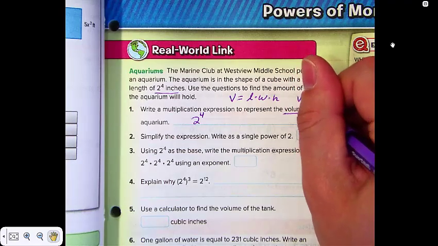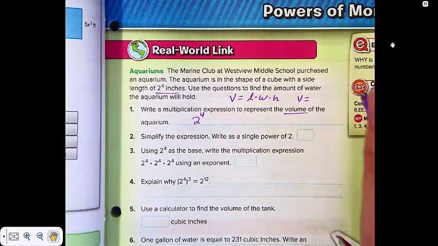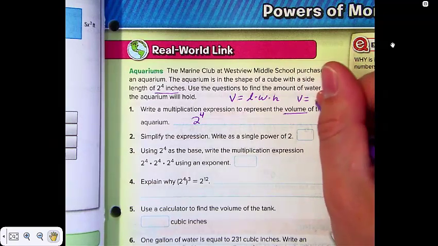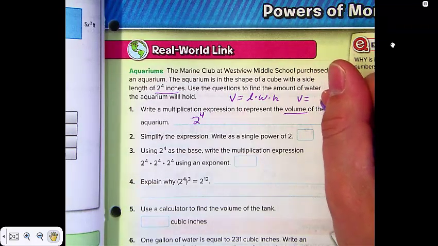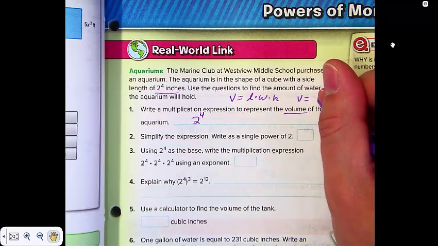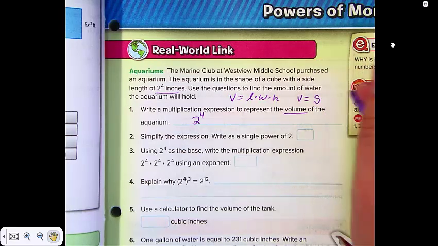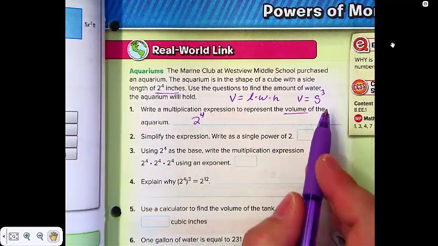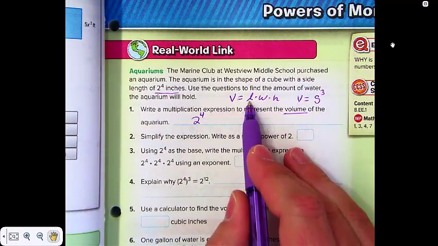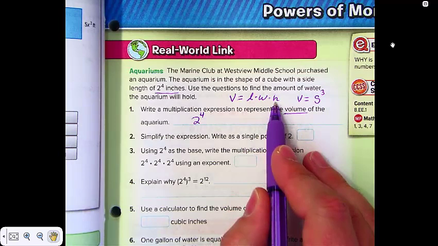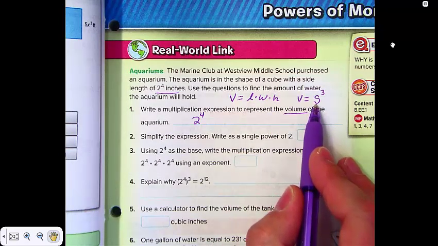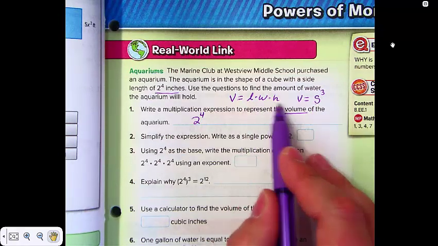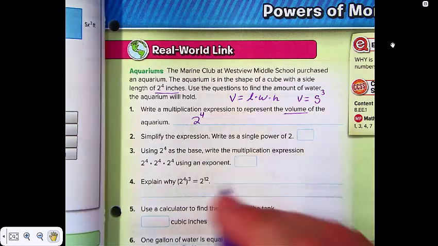You will often see for the volume of a cube this formula, V equals, and some people put L for length, some people put S for side. I typically do S for side to the 3rd power because it's that same side 3 times, which is basically this here, because your length, width, and height are all the same in a cube. So whatever the side is that it gives you, you'll have 3 of them, since all the sides are the same.